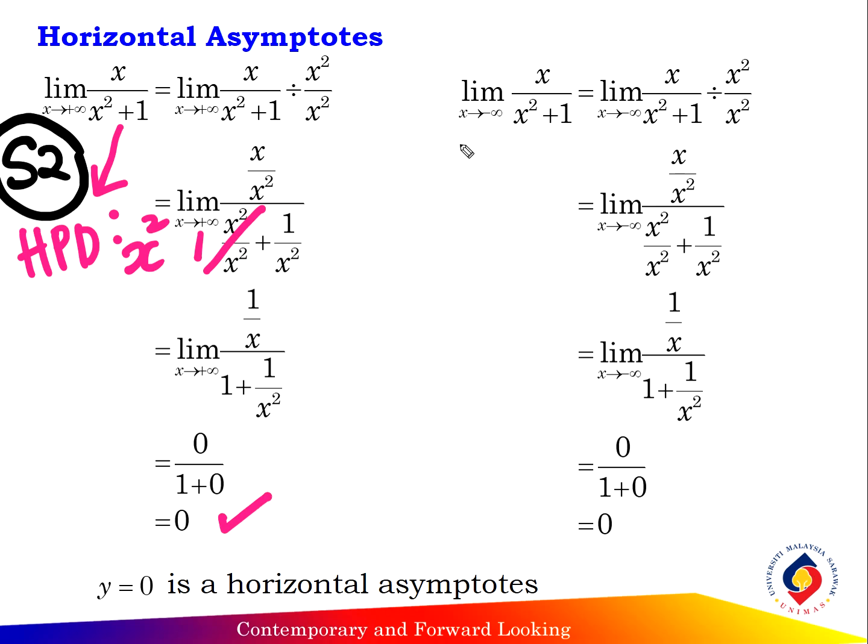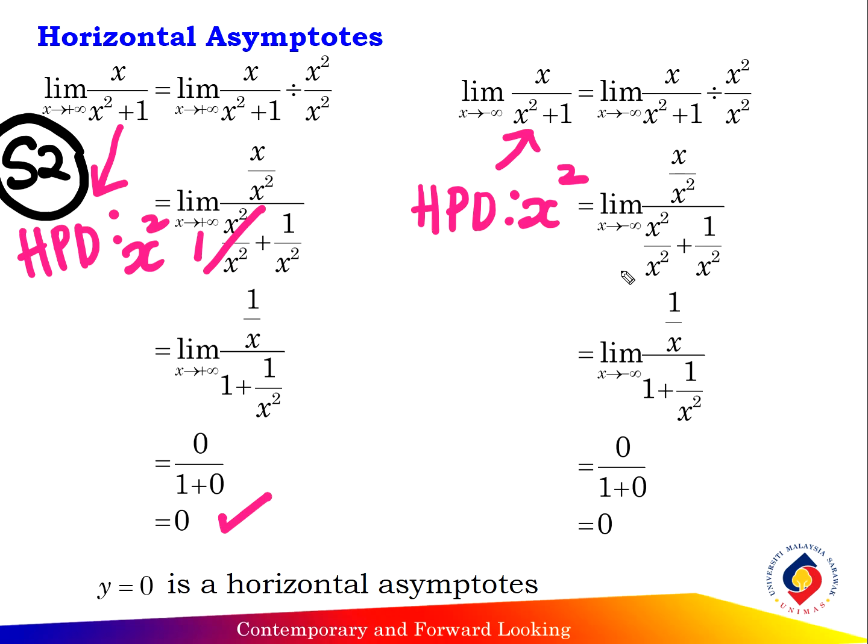Second, the limit as x approaches negative infinity. You check the highest degree of the denominator, which is x squared. The numerator is divided by x squared, and the denominator x squared plus 1 is divided by x squared.